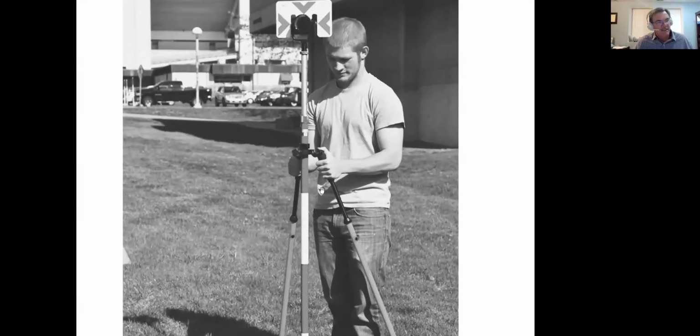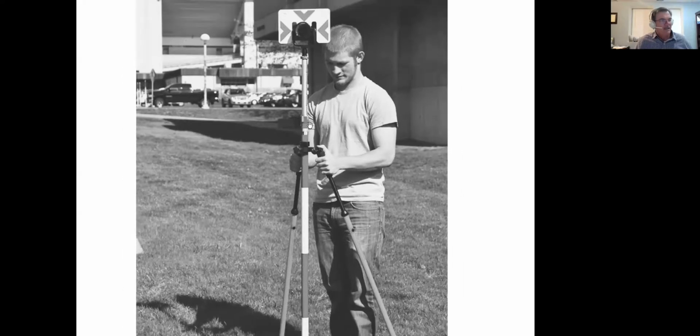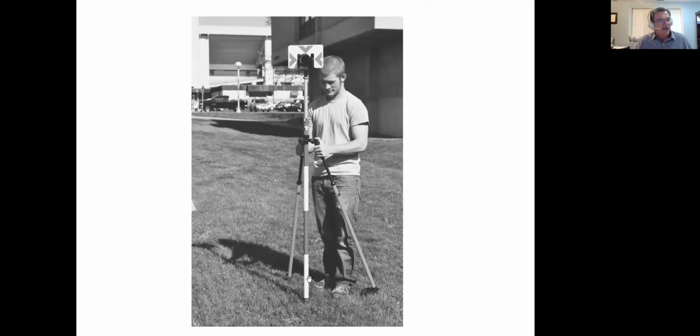These parts here extend up and it's attached to a pole. These are called range poles. And here's your target right up there. It is screwed on to the range pole, and he is putting this on the ground at a specific point he wants to measure, levels it up, has it nice and straight, takes a measurement with the transit or total station.